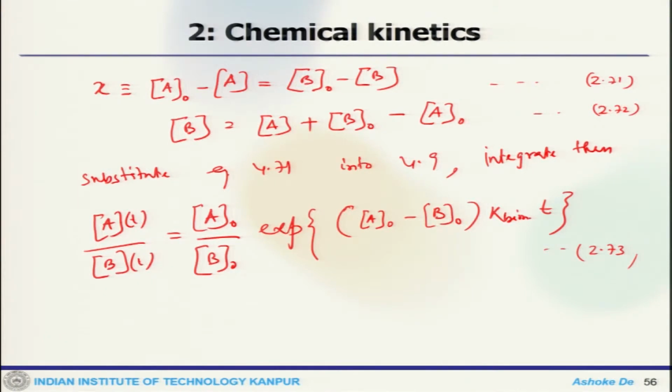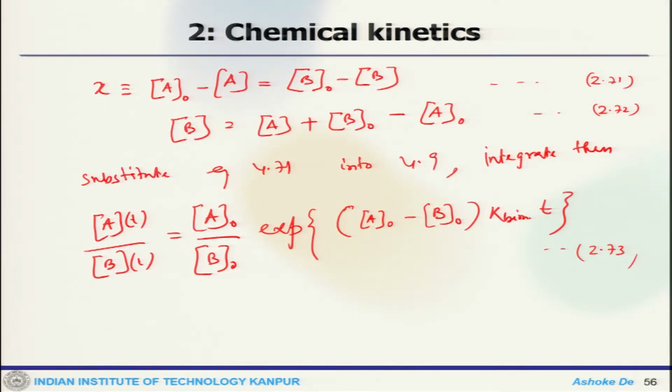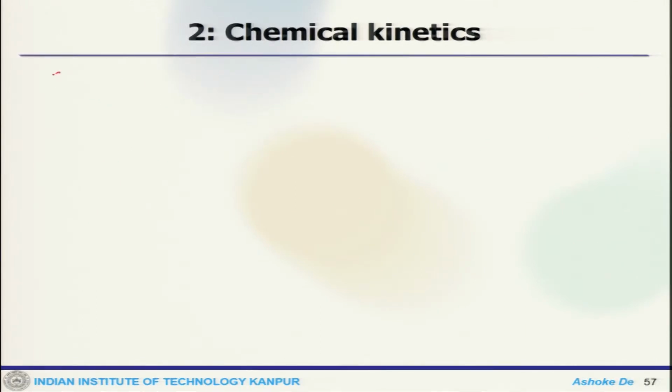Now, again we do the same thing. Now, we have 2.72 and 2.73. We substitute 2.72 into 2.73.